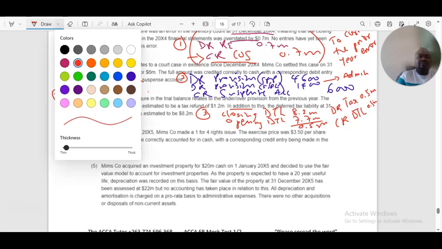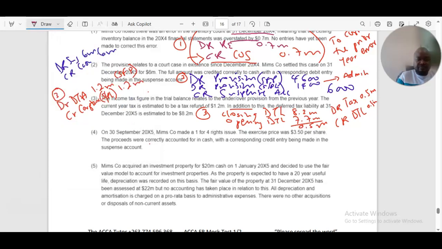So that's working number 4. Number of shares issued. That's a very important figure.